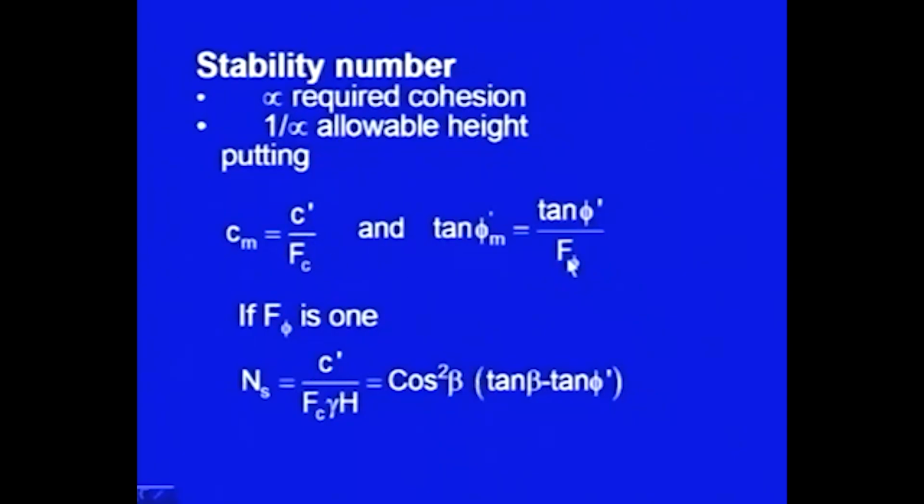Same way, F phi was equal to tan phi dash upon tan phi m. So, now in this equation I am replacing Cm and tan phi m, and in general what we do to define this stability number is normally take F phi equal to 1. So, the stability number will be equal to C dash upon F c into gamma h.